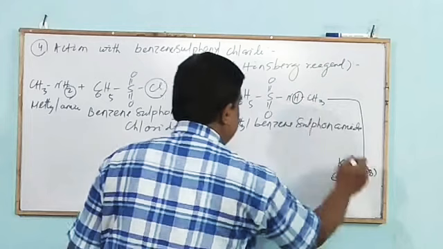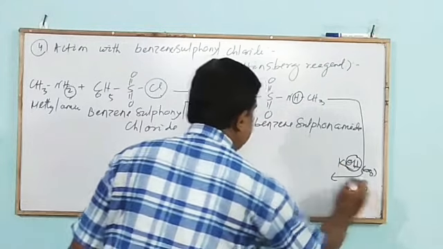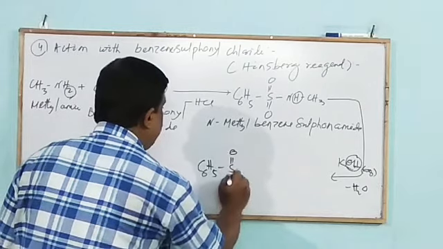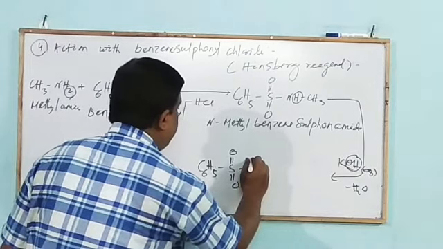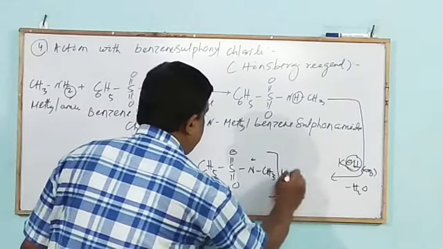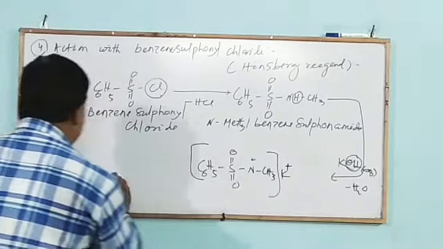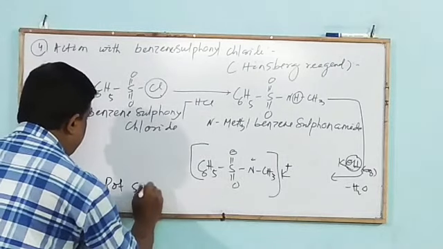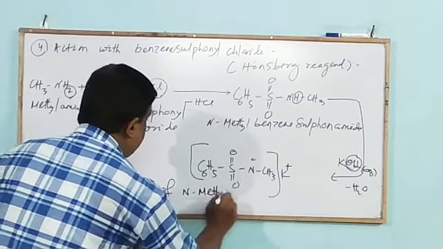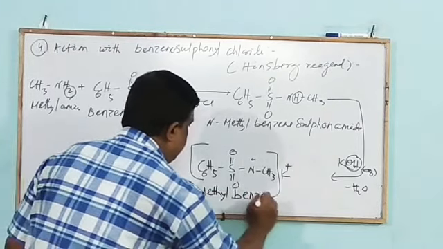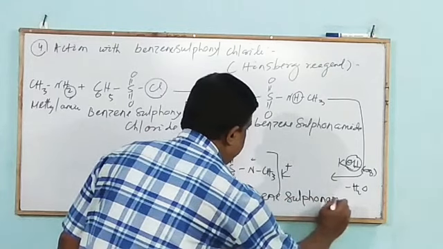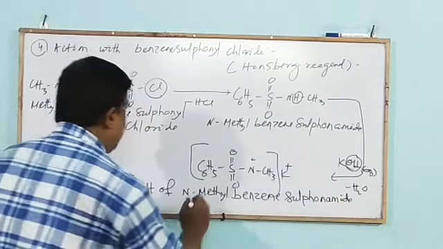This H and this OH combine to release water to form C6H5SO2NK CH3. It is known as potassium salt of N-methyl benzene sulfonamide. It is a water soluble compound.